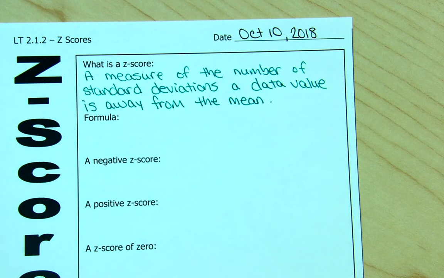That's what our z-score is. It's saying how many standard deviations we are away from the mean.